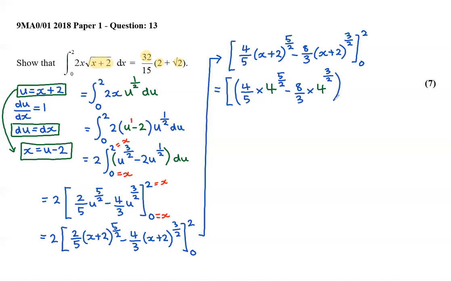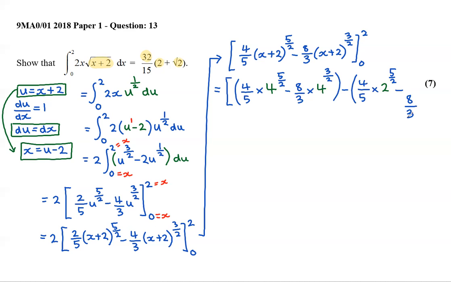We're then going to subtract what happens when we put 0 in. So this time on the lower limit, we're going to have 4 over 5 multiplied by 2 this time to the power 5 over 2, subtract 8 over 3. I'm just running out of space there, so I'm just going to put it there.